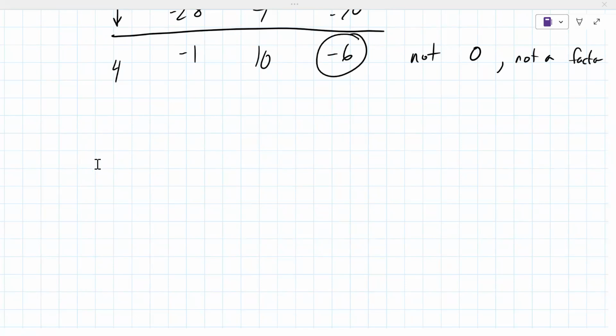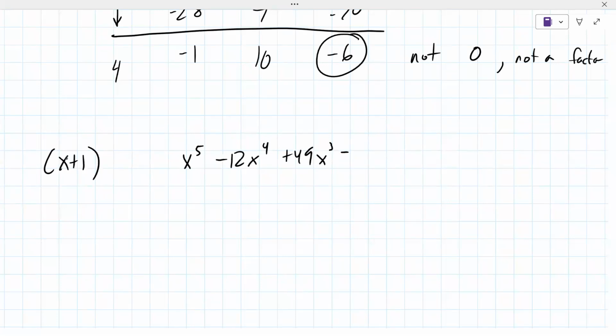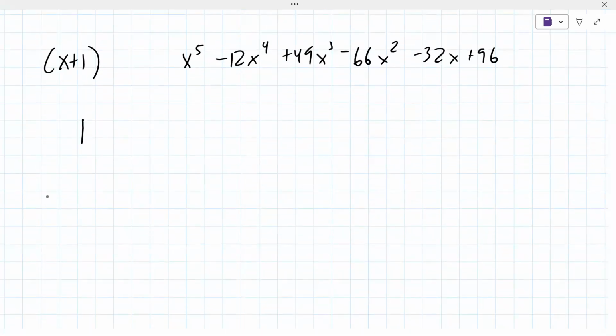Okay, so let's say it's x plus 1 into x to the 5th minus 12x to the 4th plus 49x cubed minus 66x squared minus 32x plus 96. This one does work. Now, what number goes in the box? -1.